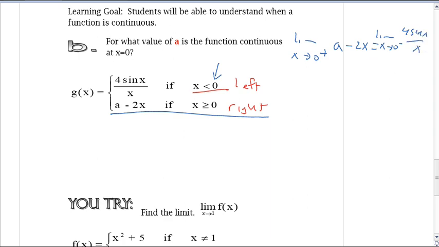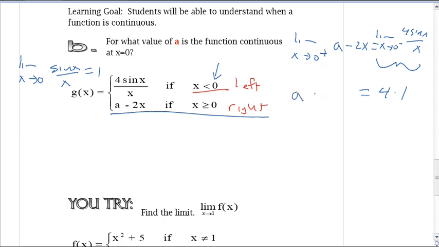Now the beautiful thing is we have a property, if you recall: the limit as x approaches 0 of sine x over x is equal to 1. So on this side right here, I simply have 4 times 1.